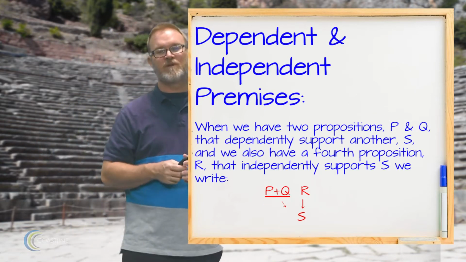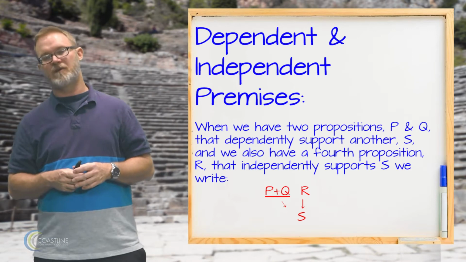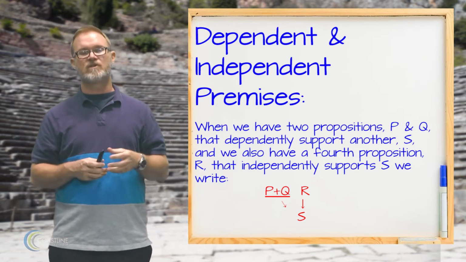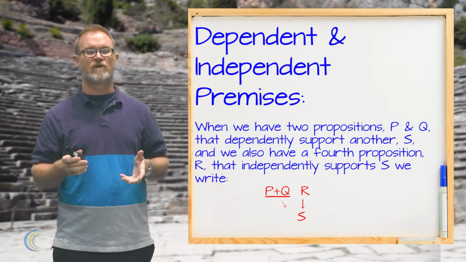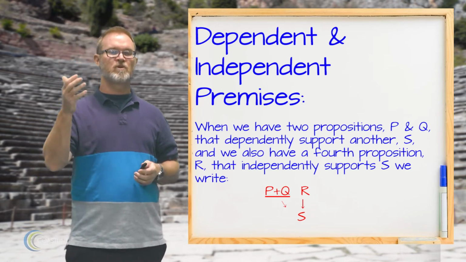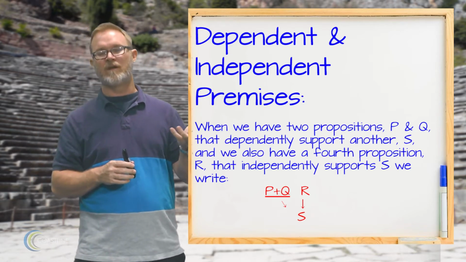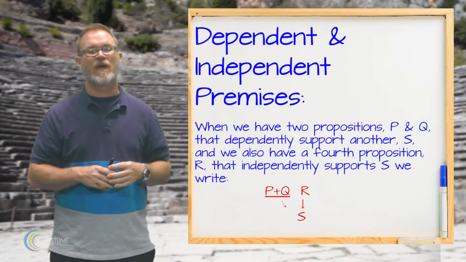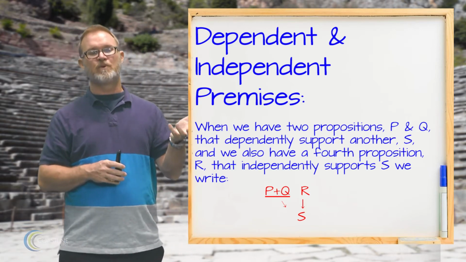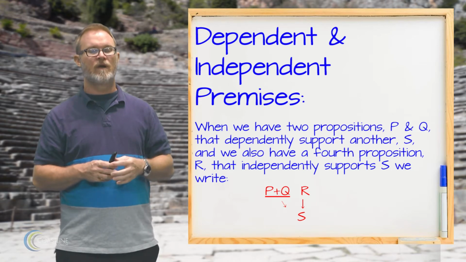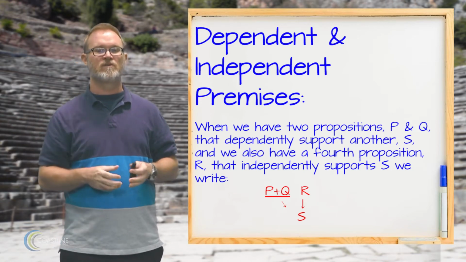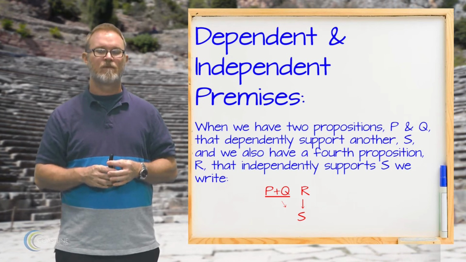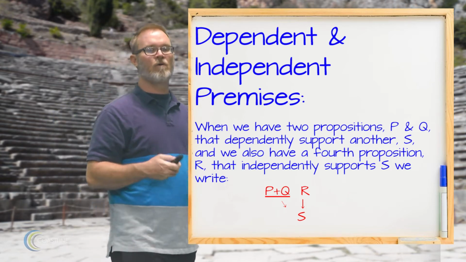Lastly, in some cases you'll have several different reasons in favor of a conclusion. Sometimes they'll be independent and sometimes dependent reasons. So imagine that we had two reasons dependently supporting some claim, and then we had a third reason independently supporting that claim. How would we symbolize it?